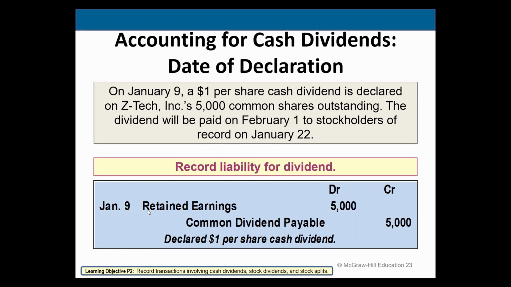So this is to record the liability. This is when they decide that they are going to pay a dividend. We have a debit to retained earnings in the amount of 5,000. We would credit common dividend payable 5,000. So that's the liability, and we debit retained earnings because we're taking that out of our retained earnings.